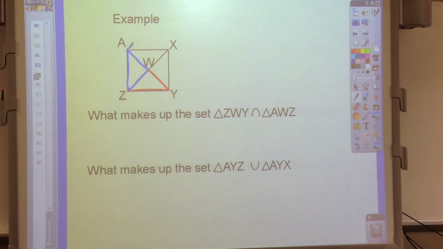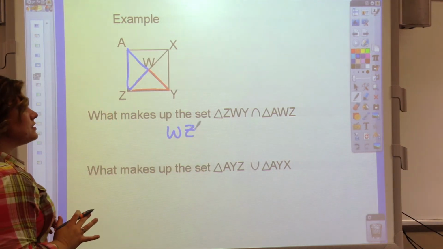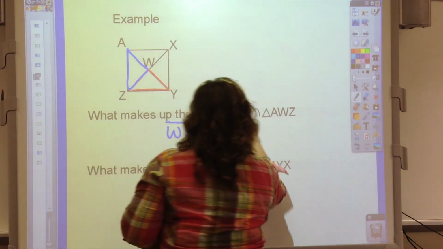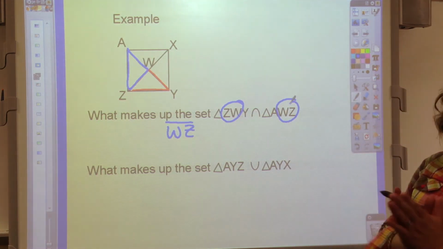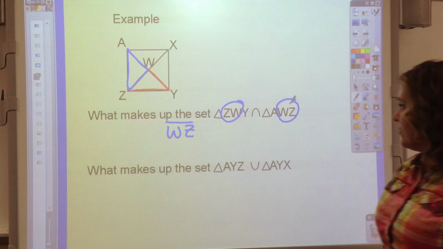And what do I have in common? Hopefully you'll agree, WZ. Now notice that length is mentioned here and here. That's another way to tell in your shape's name the fact that these two are next to each other.